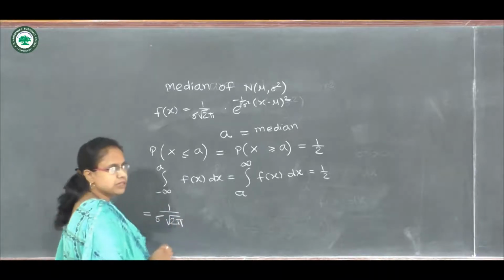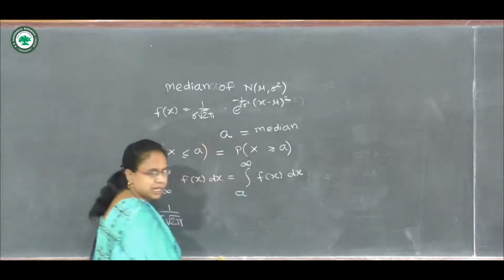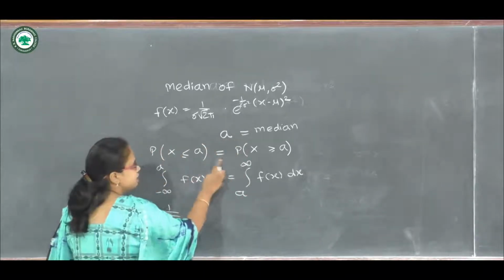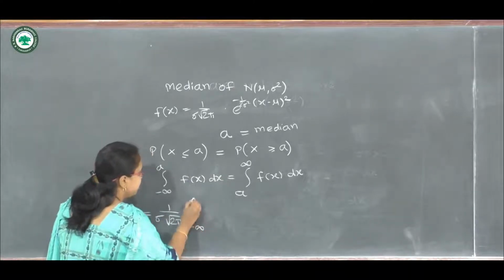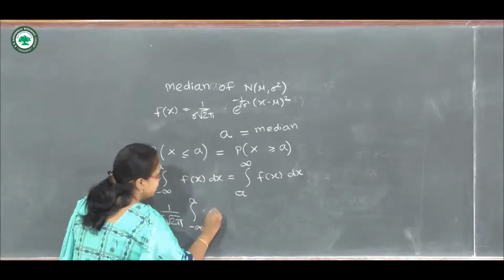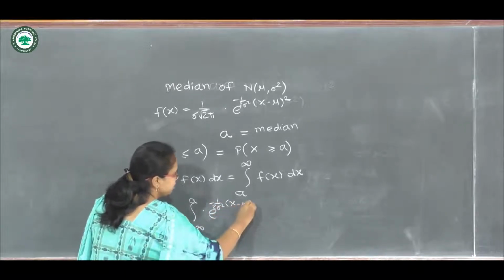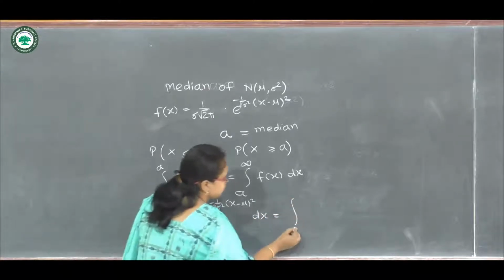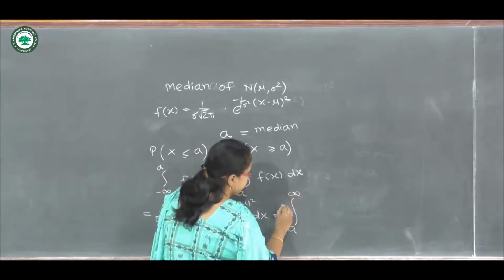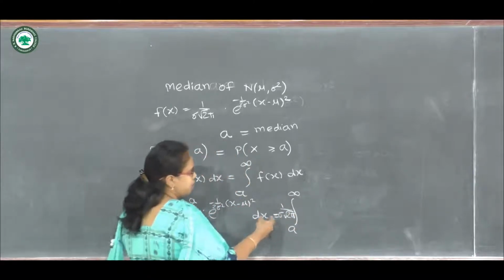This is 1 upon sigma into root 2 pi. Here we will substitute it later. We know that these probabilities are equal. So integration from minus infinity to A of e raised to minus 1 upon 2 sigma square, and this constant term is taken outside.